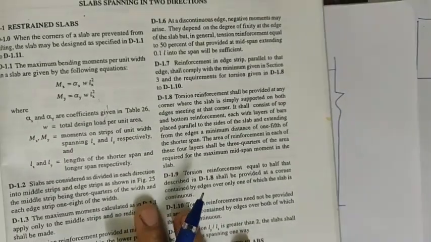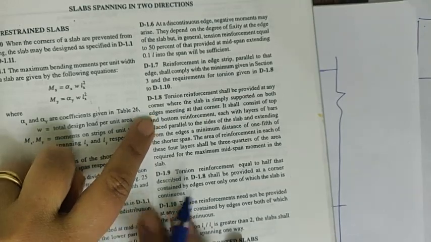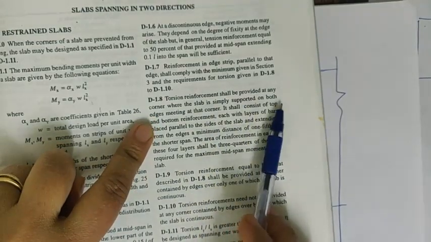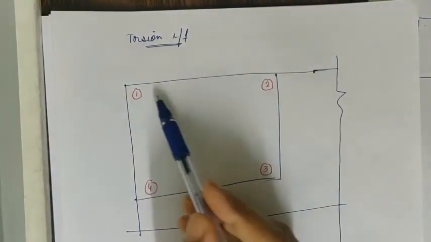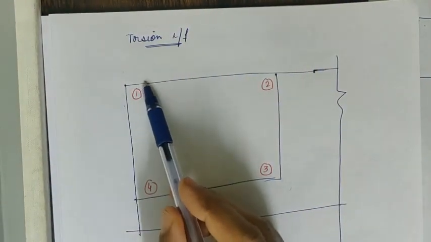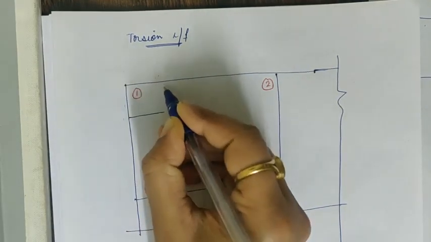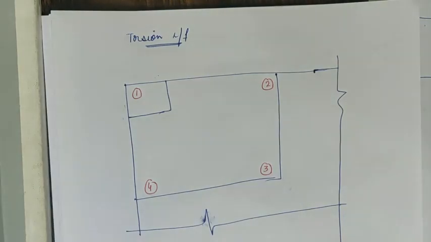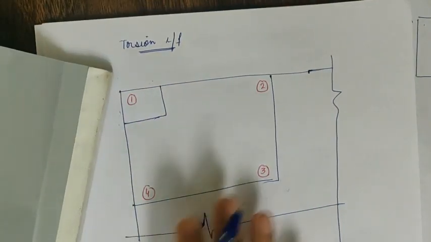Is it okay? So, this particular clause says that torsion reinforcement will be provided at the corner which is simply supported on both edges meeting at the corner. Okay? So, look at this particular corner. It is simply supported on both the edges. So, it means this is the case where we will go in for the torsion reinforcement. Is it okay? So, how much will be the torsion reinforcement?